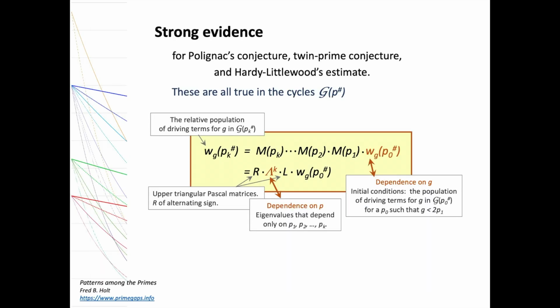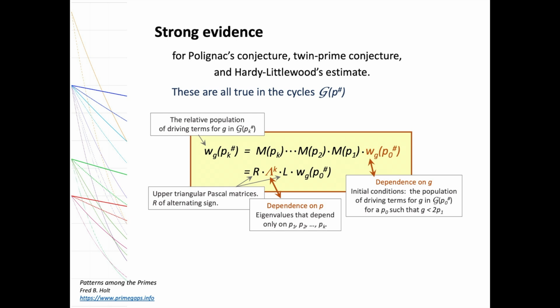The models provide strong evidence for Polignac's conjecture: all even gaps do arise in the cycle of gaps. The twin prime conjecture, the 2s are among those, and Hardy and Littlewood's estimate of the products of (prime minus 1) over (prime minus 2), that asymptotic estimate about the relative frequency of various gaps.